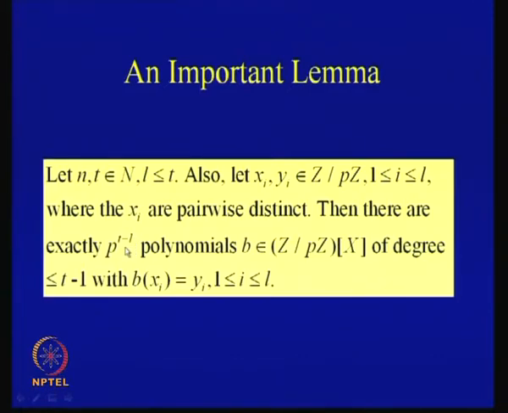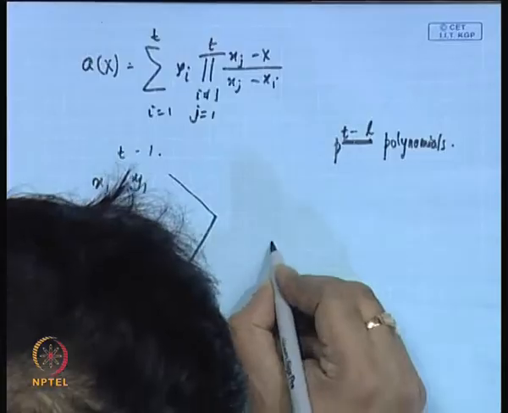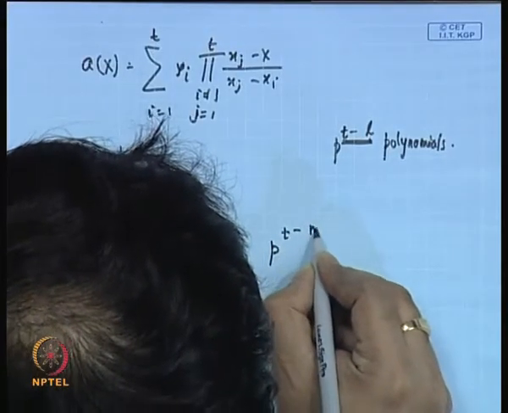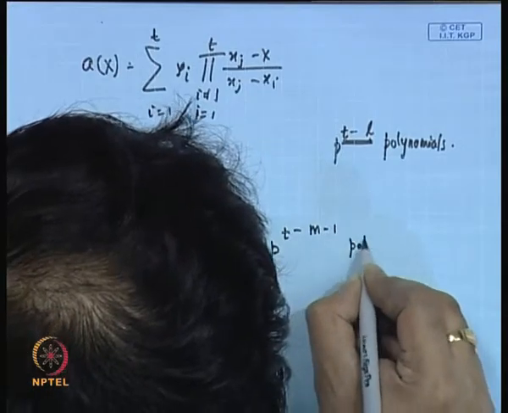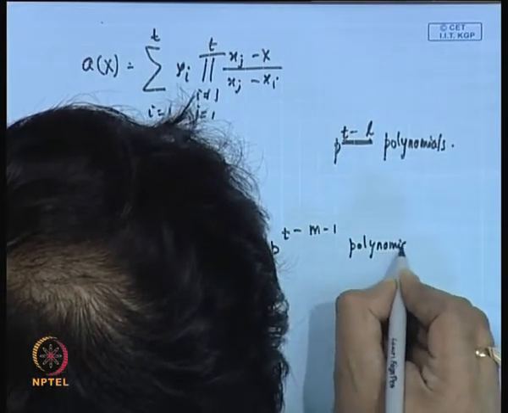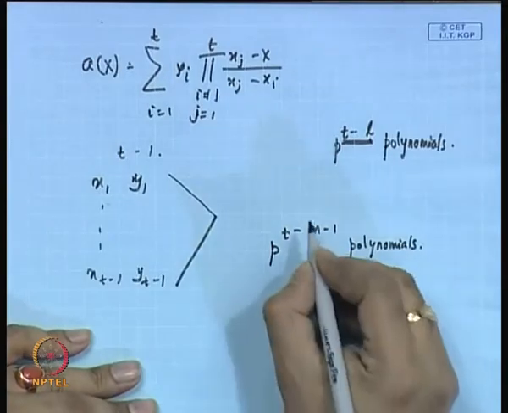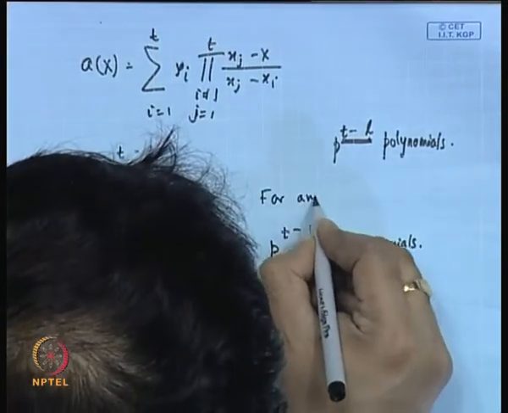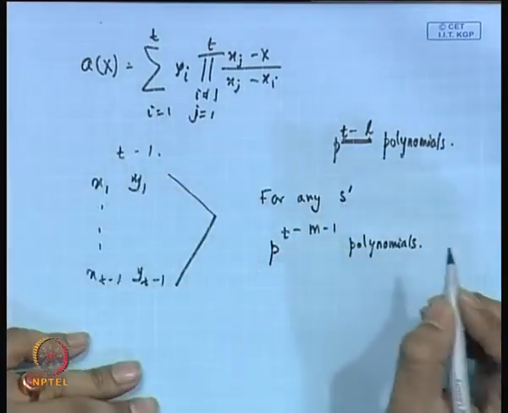So, that is p to the power of t minus m minus 1 such polynomials possible, and that is for any secret s dash which you are choosing.